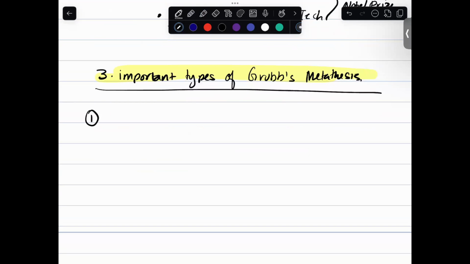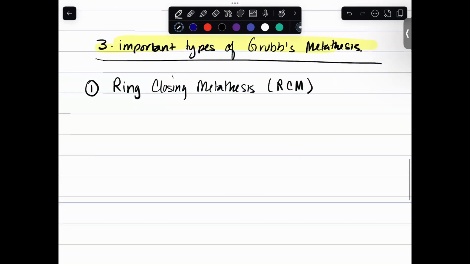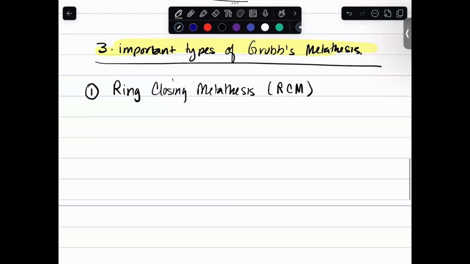The first one is known as ring closing metathesis, RCM. In order for a ring closing metathesis to occur, and again, we'll get into details about this, these are just general reactions, you need two pi bonds.